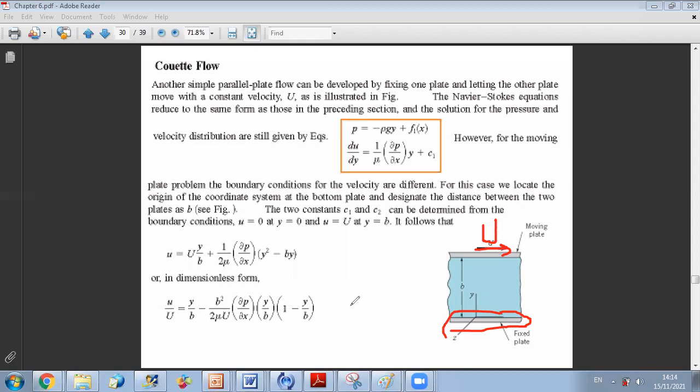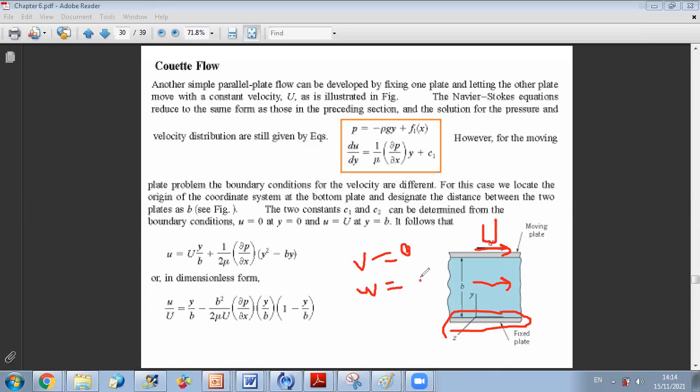So first, when you apply the Navier-Stokes equation and continuity equation, you'll still obtain the same results because nothing has changed, in terms of the velocity being parallel to the plate. So you have only u, no v, no w: v is 0, w is 0.